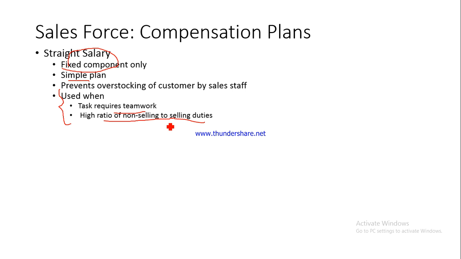So naturally, if you tell the salesperson that he would be paid according to the number of units that he is selling, then he is not going to pay attention to such non-selling duties, because selling is what is bringing him more salary. So he would not be paying much attention to non-selling duties like collecting market information. And if there are a lot of non-selling activities that your salesperson has to do, then you generally go for straight salary kind of compensation plans.